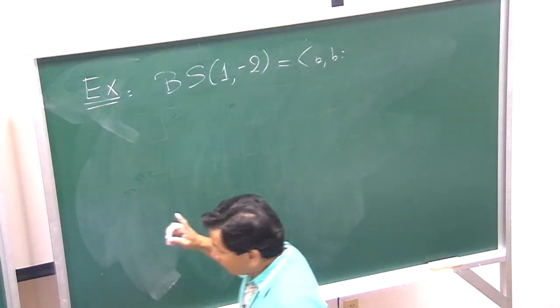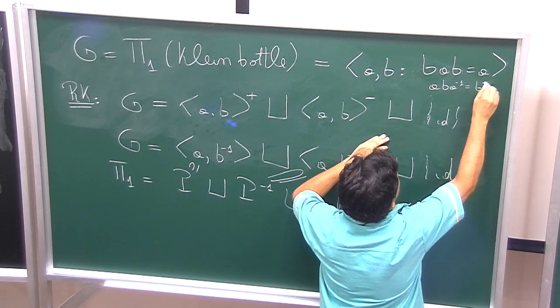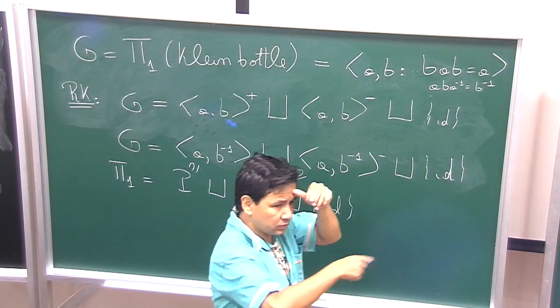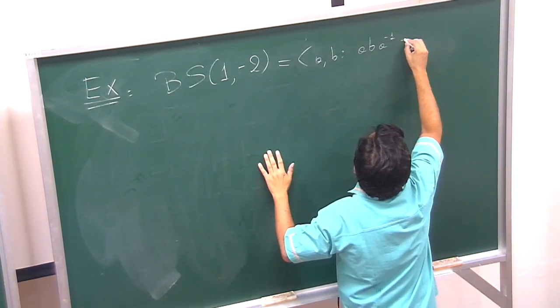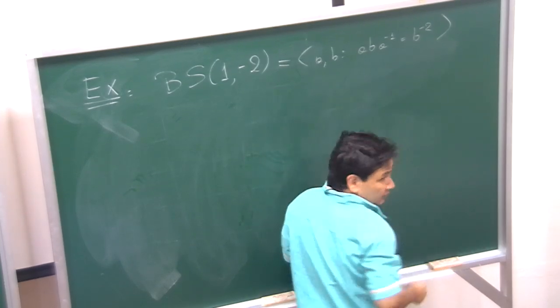And I will change the presentation here to explain this. So I have the identity here, A B A inverse equals B inverse. So A conjugates B into its inverse. Okay, so here A conjugates B into the square of its inverse.